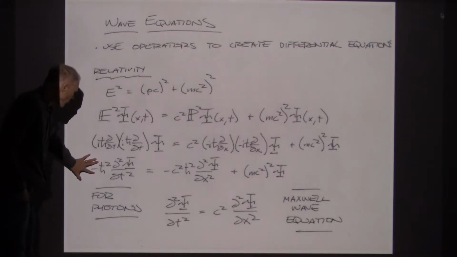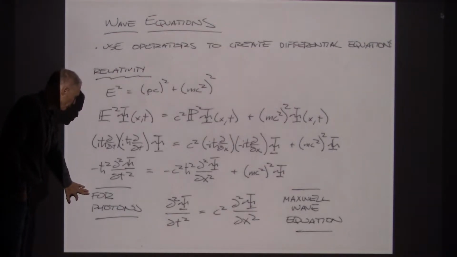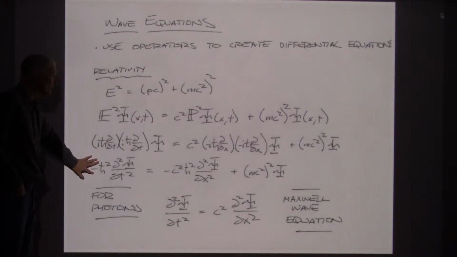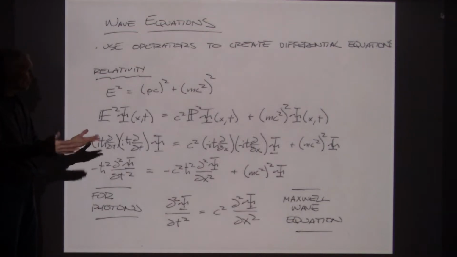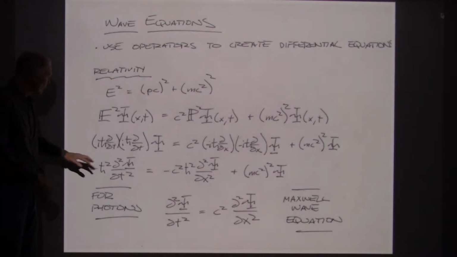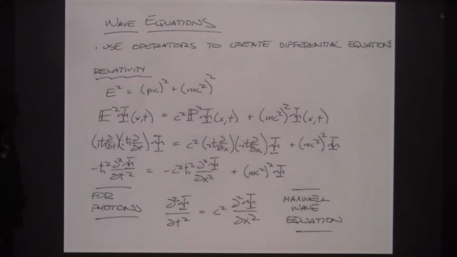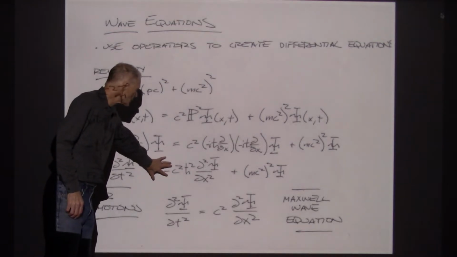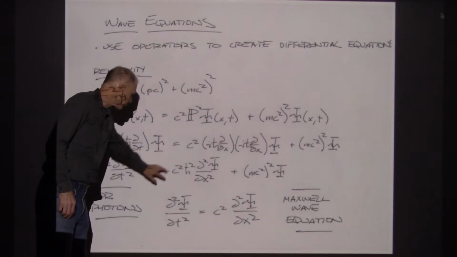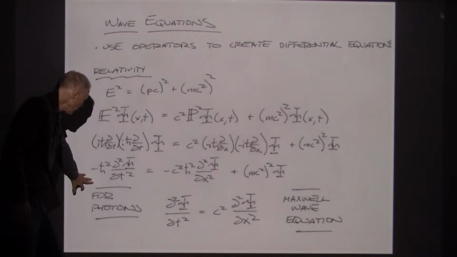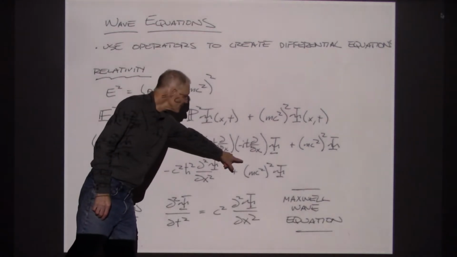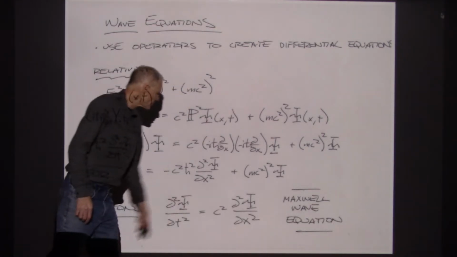But this formula, if we apply it for photons, could be used to represent the propagation of a photon or an electron. The solutions to this formula are sines and cosines and exponentials. So this is actually showing us where the wave functions are coming from. For the photon example, we would need to set the mass equal to 0.